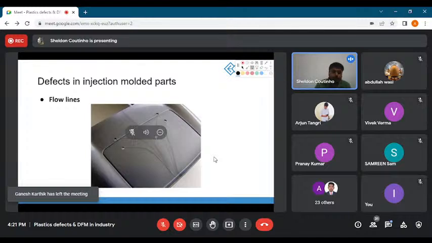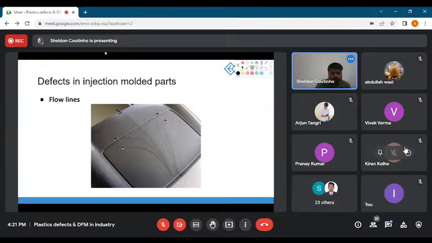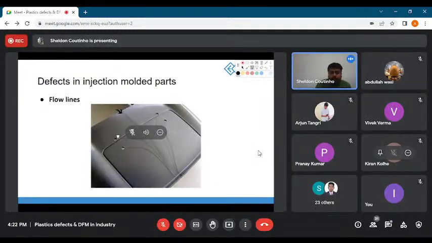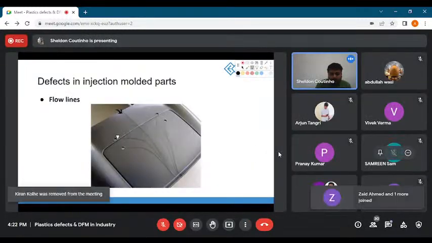So now, if you imagine when this part was manufactured, what is the issue? The material, of course, entered in from somewhere over here. Here you had the gate, or here you had the sprue that sent the material in, and then the material started cooling. If you notice a pattern, it started from here, this portion.